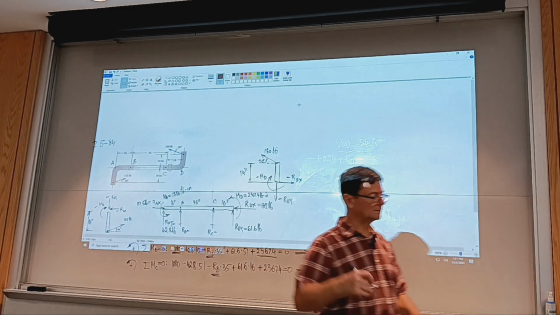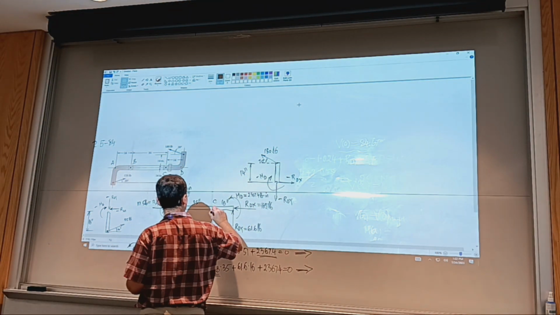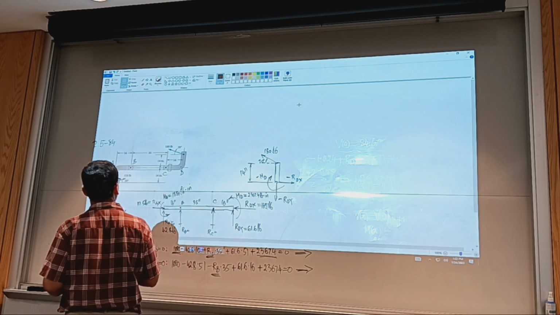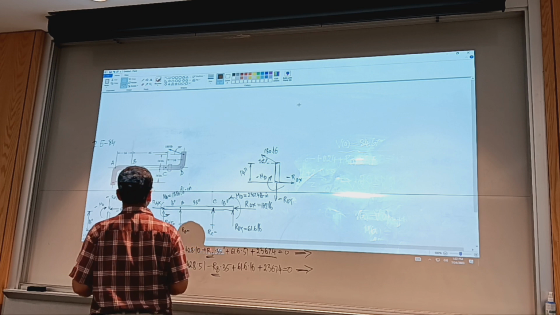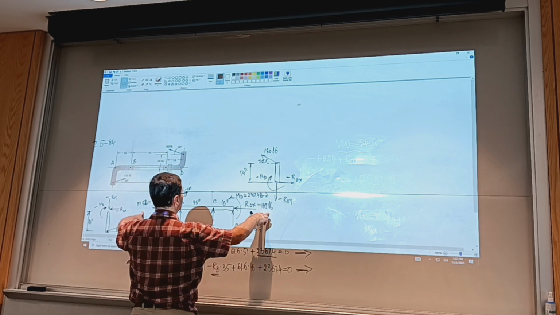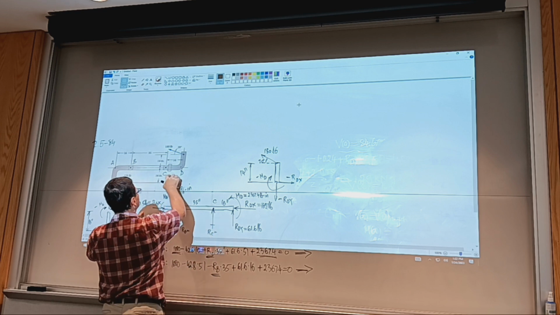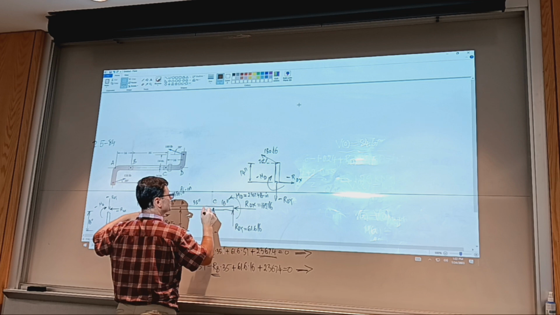We're using sum of forces in the y direction to verify. I should add to this diagram, there is an unbalance of axial loads, which means that at C, the bearing at C is going to take up the difference between these two.